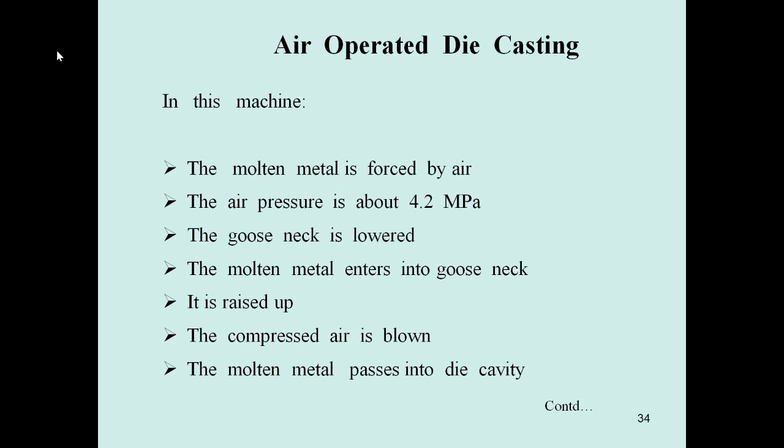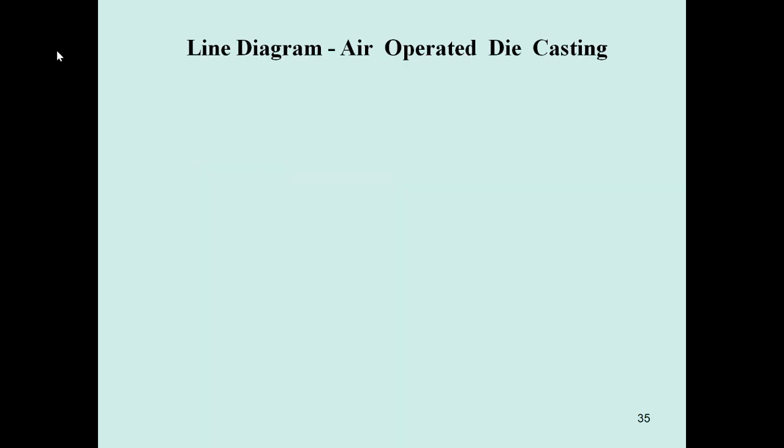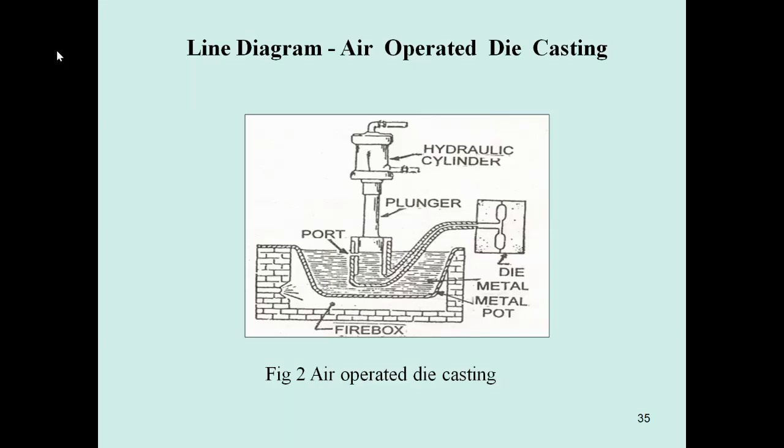The gooseneck is again lowered, the die closed, and the whole cycle is repeated. Okay, so we can see the line diagram of an air operated die casting.